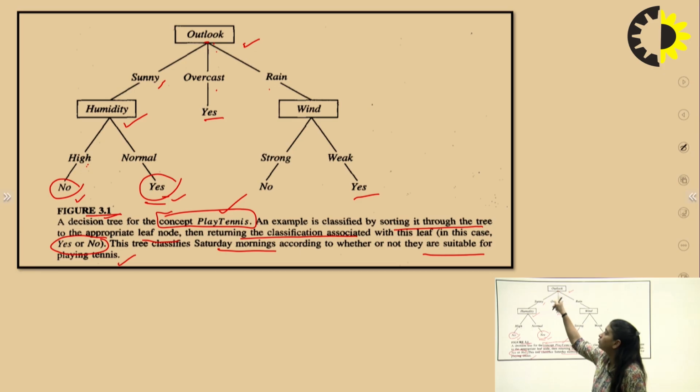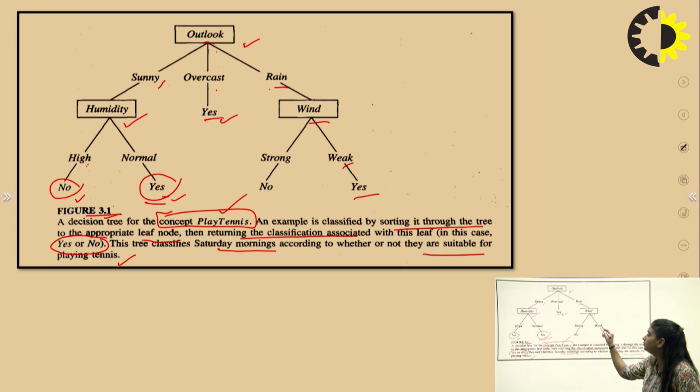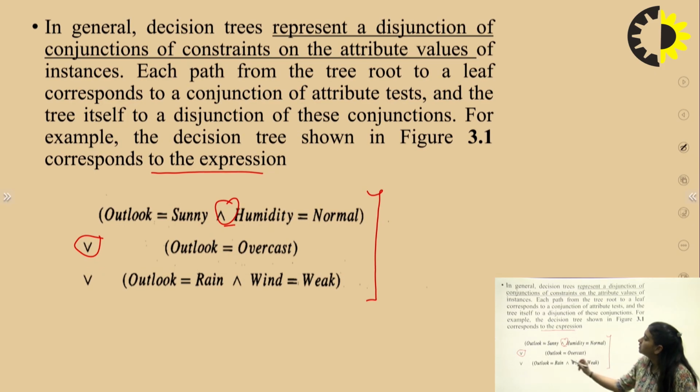So if the outlook is sunny and humidity is normal, then we are getting yes. Or if outlook is overcast, then we are getting yes. Or if the outlook is rain and wind is equal to weak, then again we are getting a yes. So in this expression, we write outlook is equal to overcast, or the other condition for the yes category can be if outlook is equal to rain and wind is equal to weak.